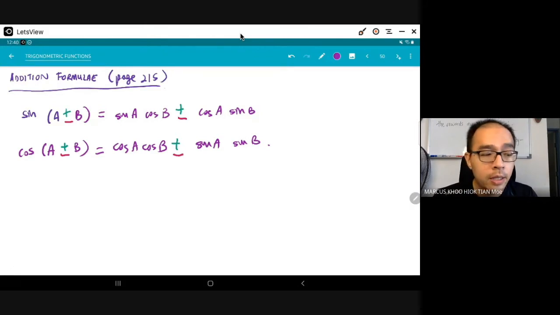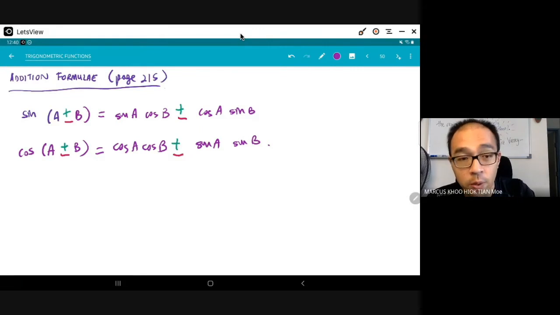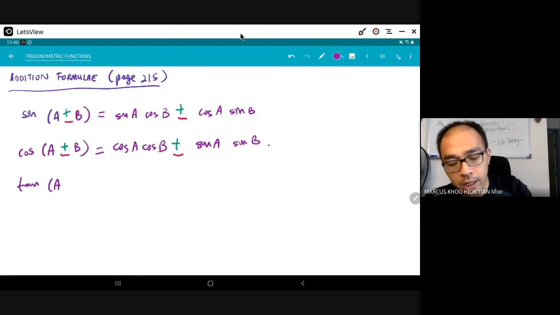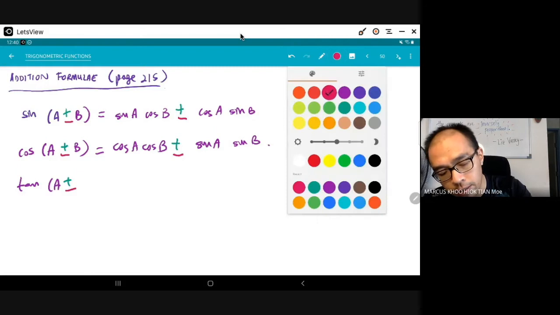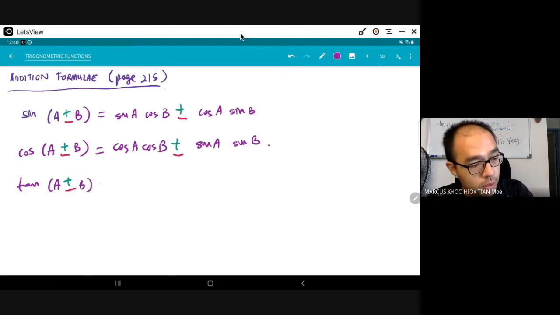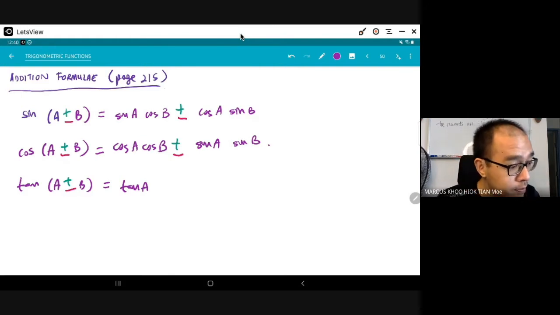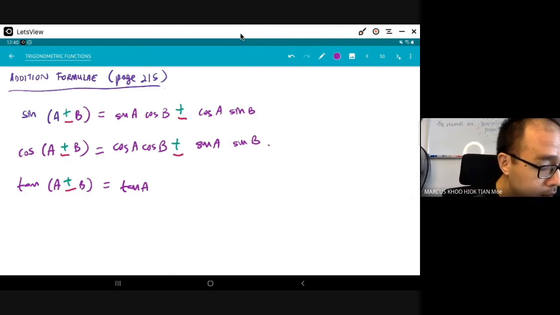All right. Now the most complicated one of them all, as always, is the tangent A plus B. Tangent A, and then obviously you have the same thing, plus on top and minus at the bottom, minus B will be equal to tangent A. This is the one that you need to be very careful with.